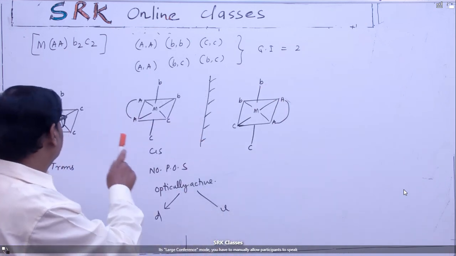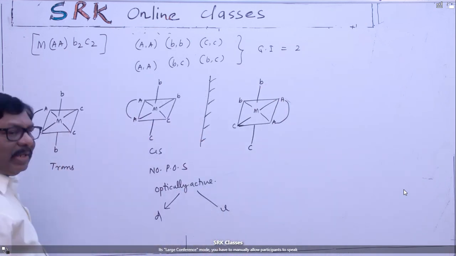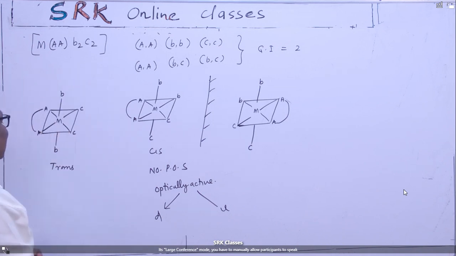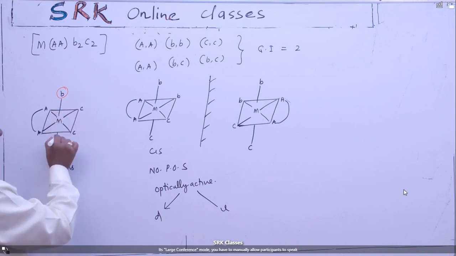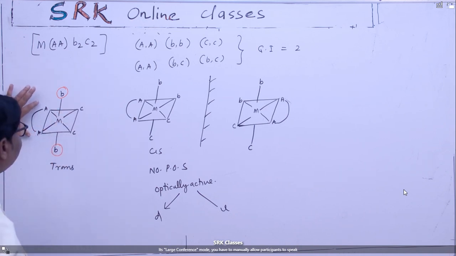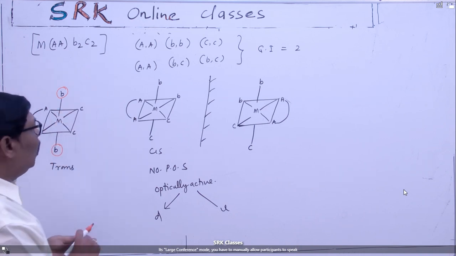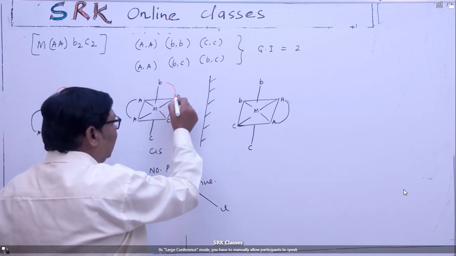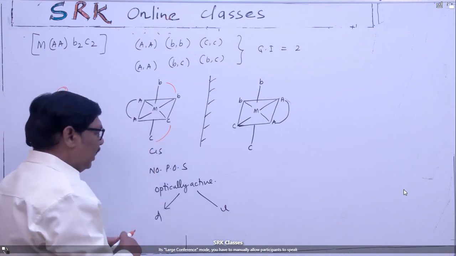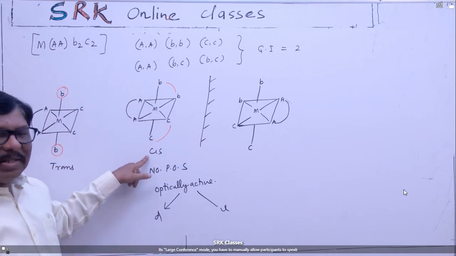Here they are given. This is the trans compound, this is cis. Why is this trans? Similar substituents are exactly opposite. Bond angle is 180, therefore this compound is said to be the trans compound. Now, similar substituents are adjacent. Look here, this is 90, this is also 90, this is also 90. Therefore, this compound is said to be the cis compound.